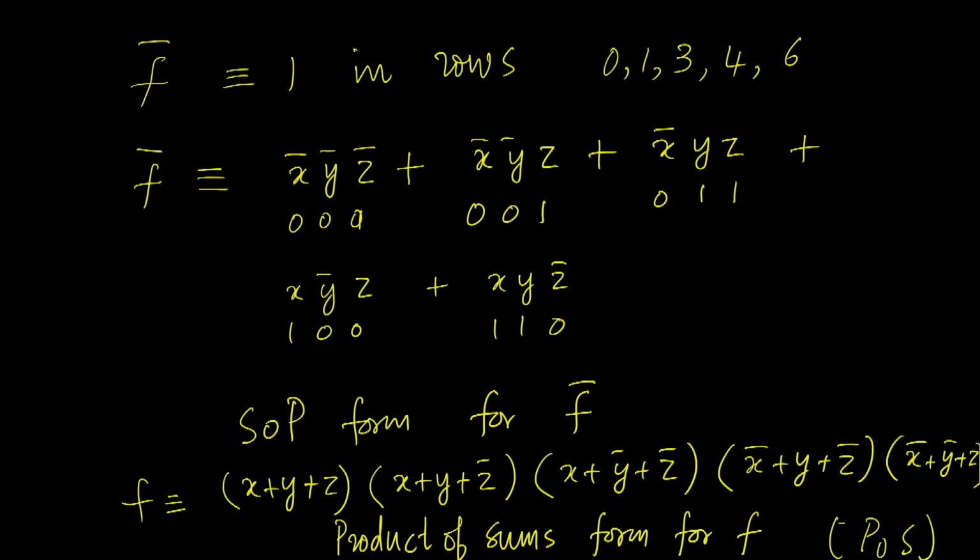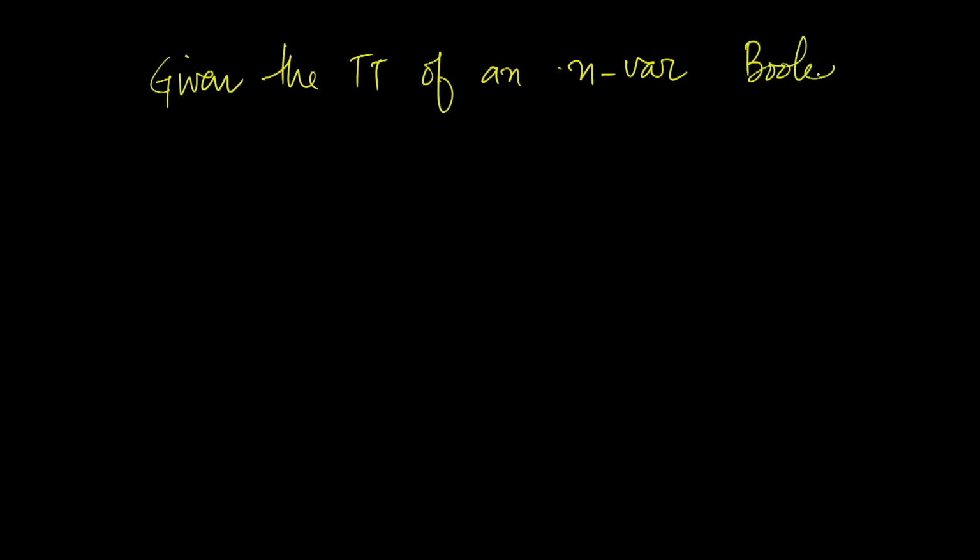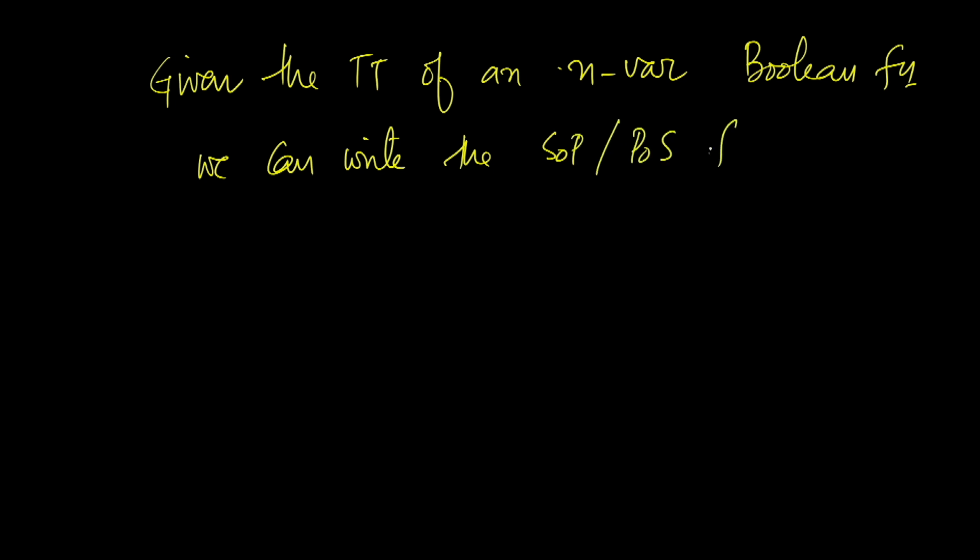So what that establishes is this: given the truth table of an n variable Boolean function, we can write the sum of products or product of sums form of f.